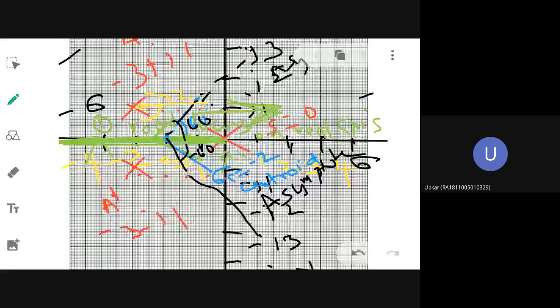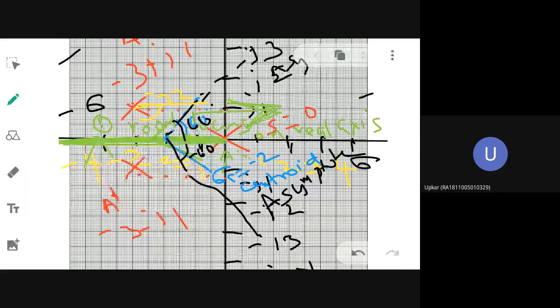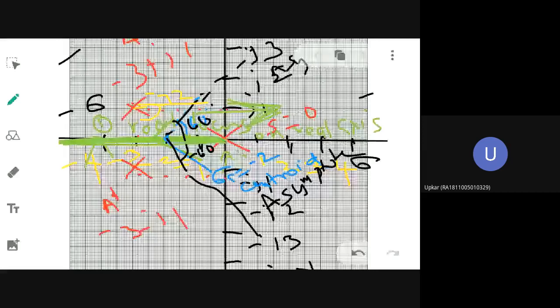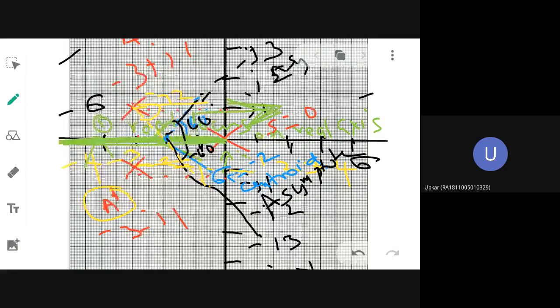Mark the angle and mark a straight line. The same thing you have to repeat for the other side pole, A conjugate also. Again, a reference line you mark here, and here you will have the opposite angle, that is 72.